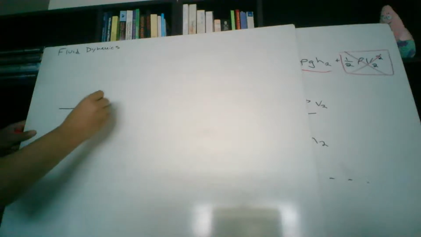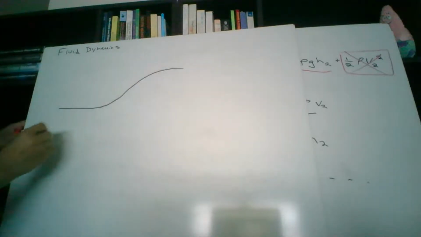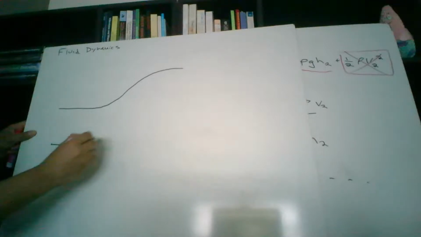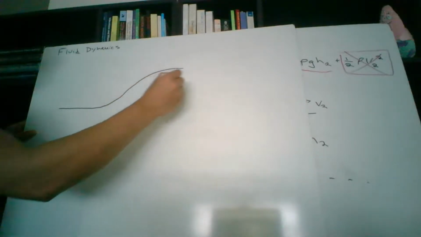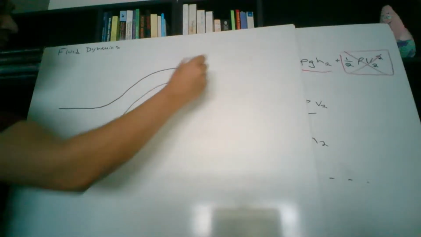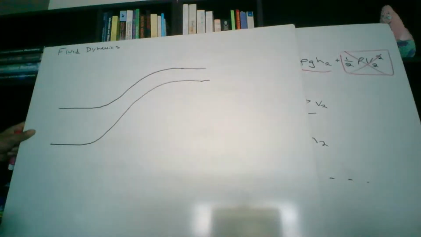Let's see here. So we're going to start off big, and we'll go smaller like that. And so it's going to start off wide, and then it's going to get thin at this point right there. Okay?